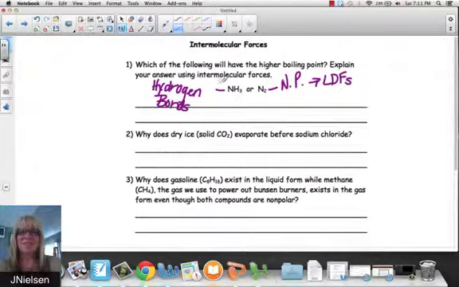So hydrogen bonds are the strongest, so the NH3 is going to have the higher boiling point.